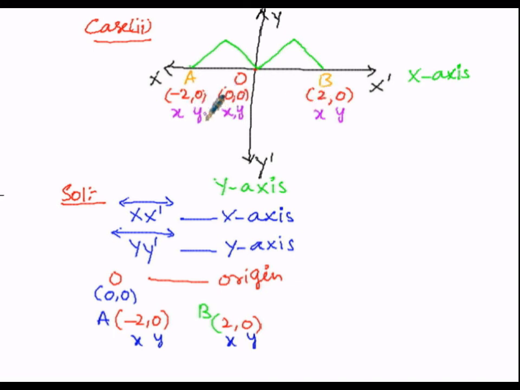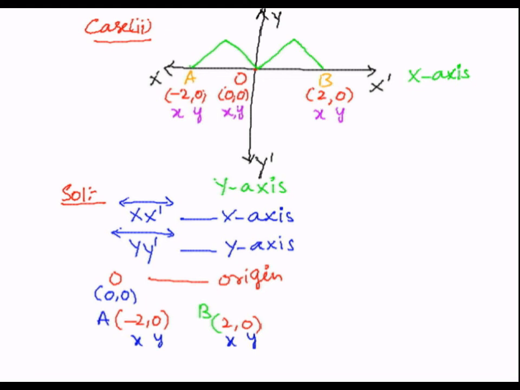Here in the first point, -2 is the x coordinate, in the second point O the x coordinate is 0, and in the third point B, 2 is the x coordinate. In other words, the x intercepts will give us the zeros of this function. Hence the x intercepts are -2, 0 and 2.